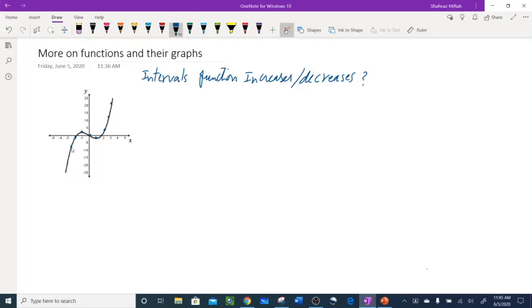A tangent line is a line that touches the graph once. So I draw a tangent line up here.